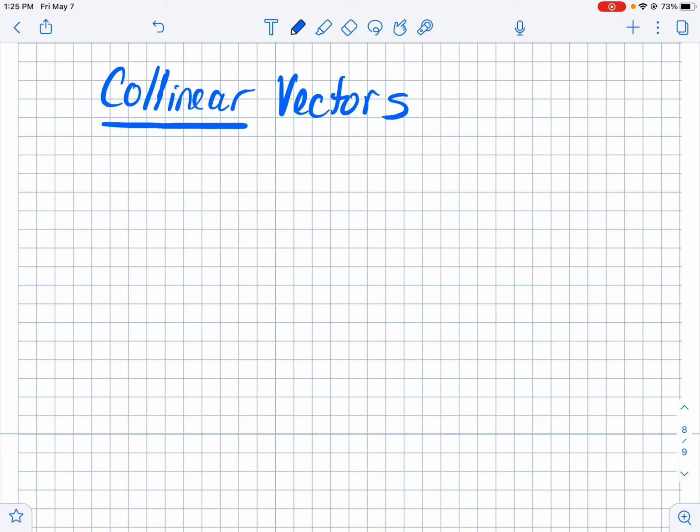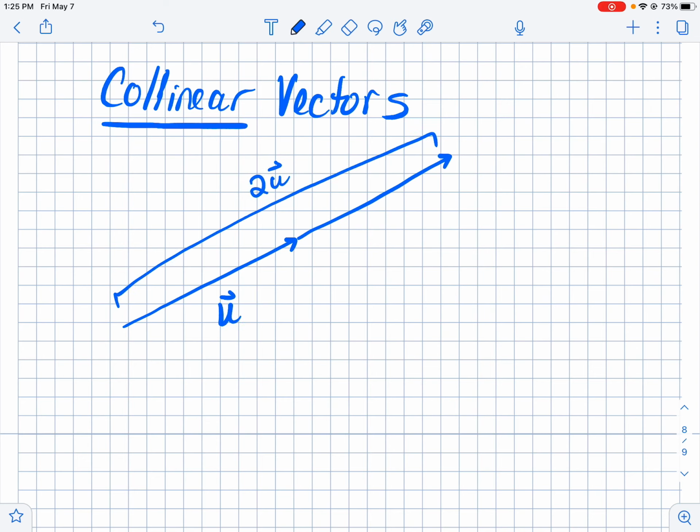They can be scalar multiples of each other, and they're parallel. So they lie on the same line as each other. They're collinear. So if this was vector u, this whole thing would be 2 times vector u.